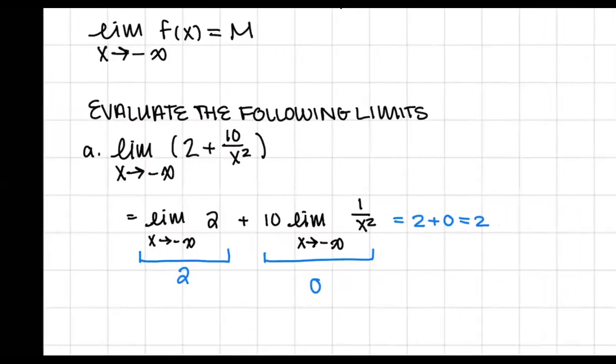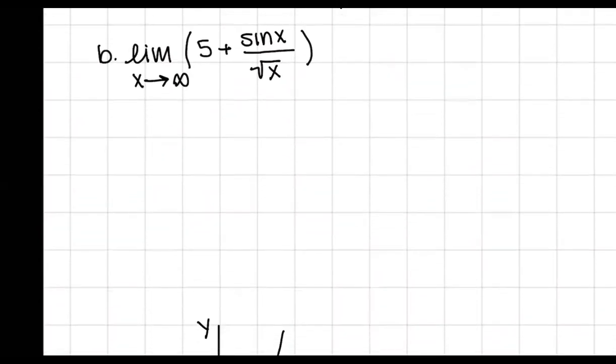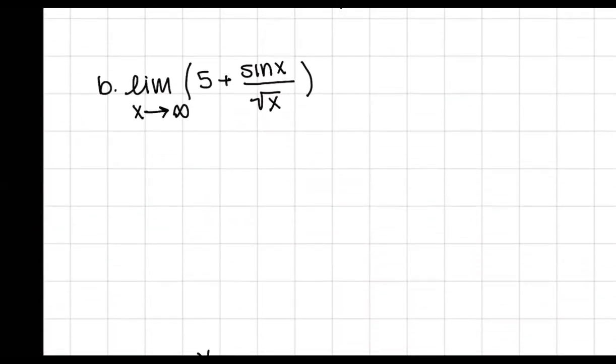So let's see a second example. And this is going to be for the function 5 plus sine of x divided by the square root of x. And we know that the numerator, sine x, is bounded between -1 and 1, and therefore for x greater than 0, we can bound this using the squeeze theorem.